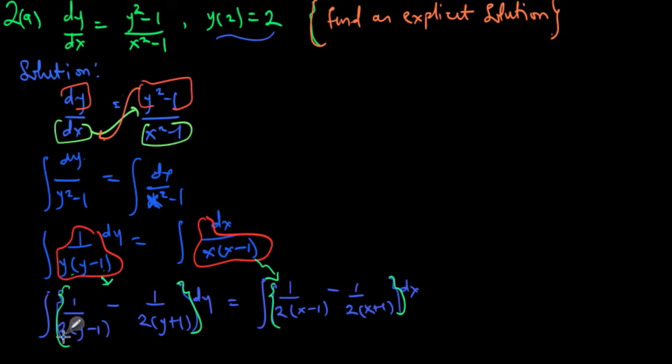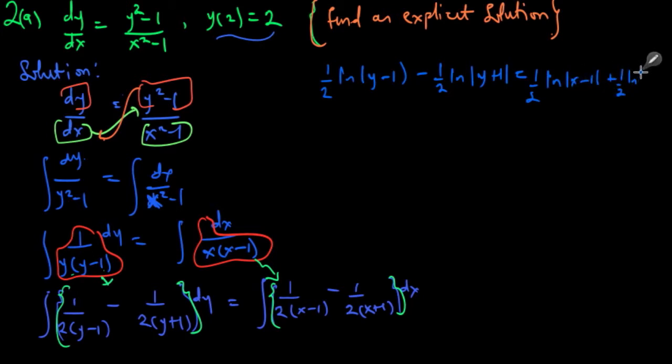Now, having resolved this into partial fractions, the next thing is we integrate. Integrating this gives 1 over 2 the ln of y minus 1, minus 1 over 2 the ln of y plus 1, equals, the same thing happens here, 1 over 2 the ln of x minus 1 plus 1 over 2 the ln of x plus 1.